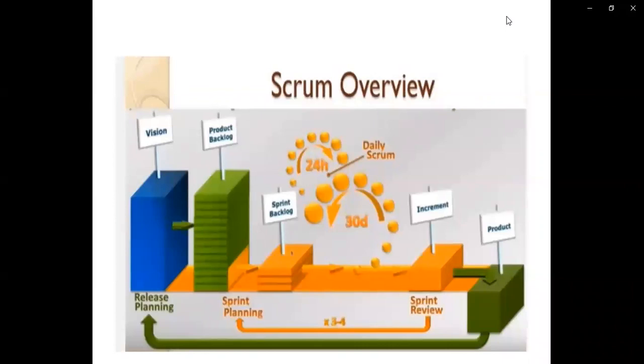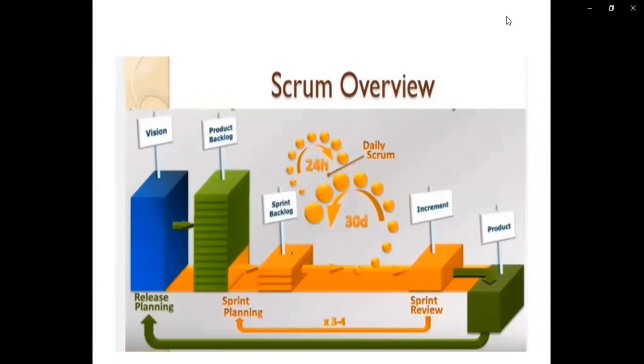Then we perform sprints, which require planning through to review. Daily Scrum activities are carried out every day for 24 hours, and everybody involved in that activity sits together every day.